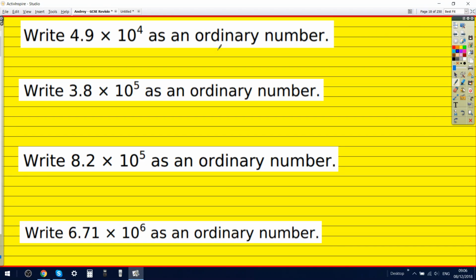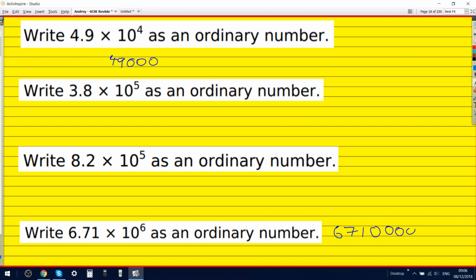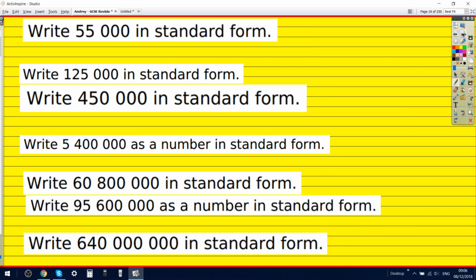Okay, let's try the top one: 4, 9, 3 zeros. Bottom one: 6, 7, 1, 4 zeros. That's it.